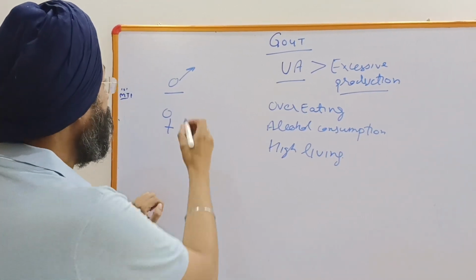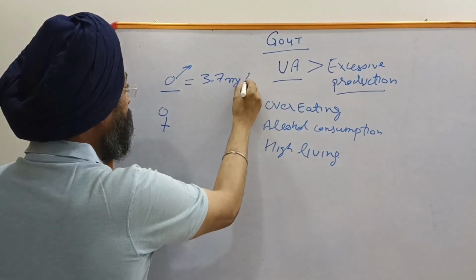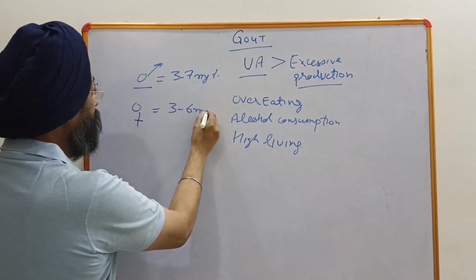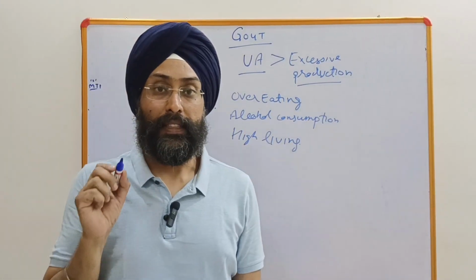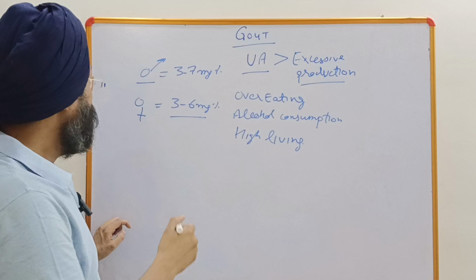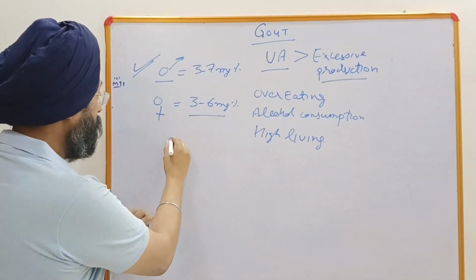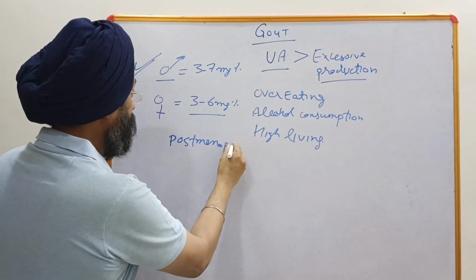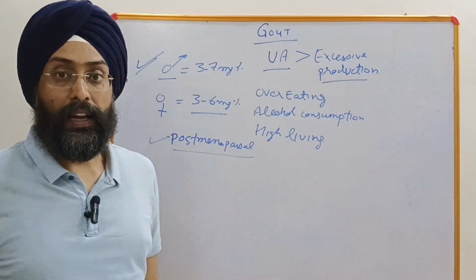The normal level in males is 3 to 7 milligram percent, and in females is 3 to 6 milligram percent, right? It is 1 milligram percent less in females, but males are more susceptible to gout as compared to females. But post-menopausal women are susceptible to gout as well, right?